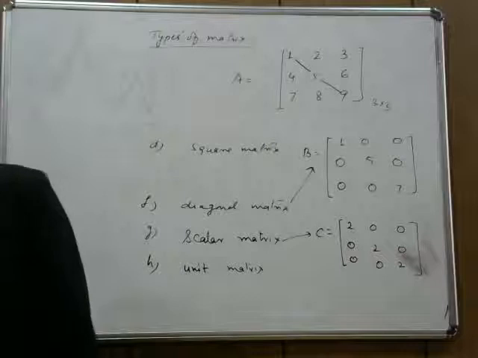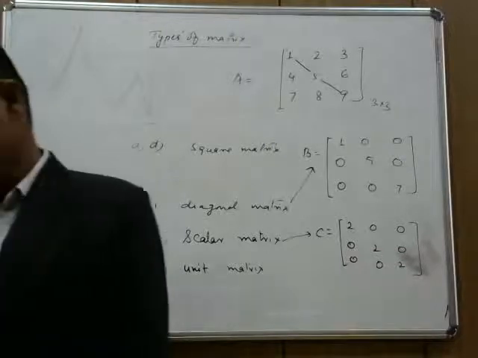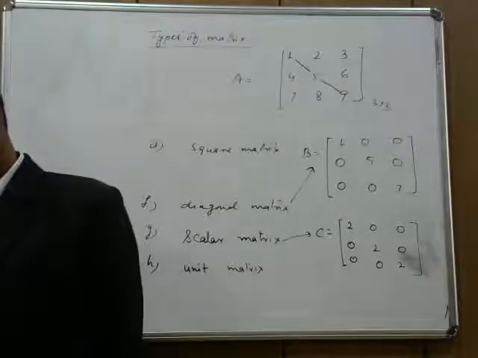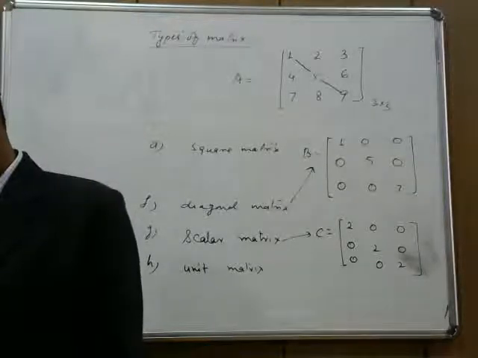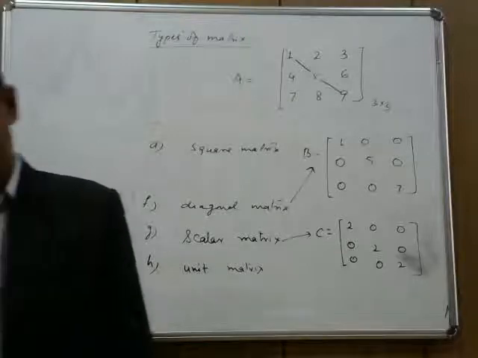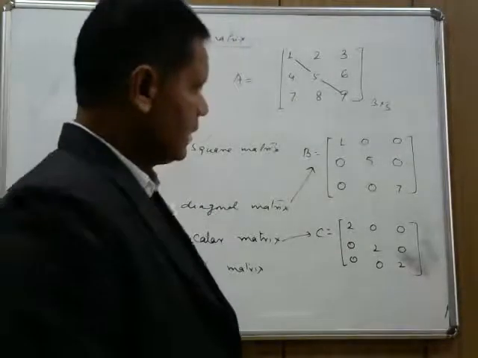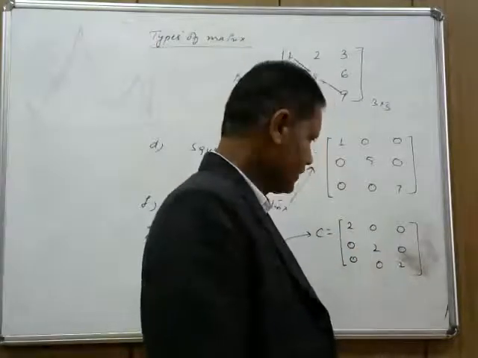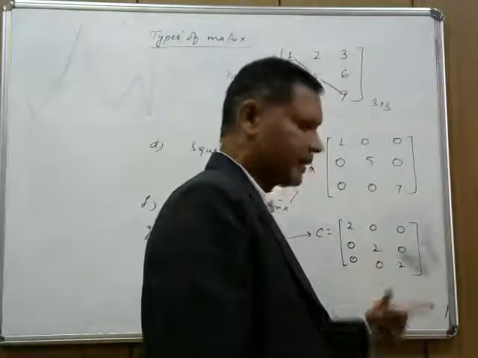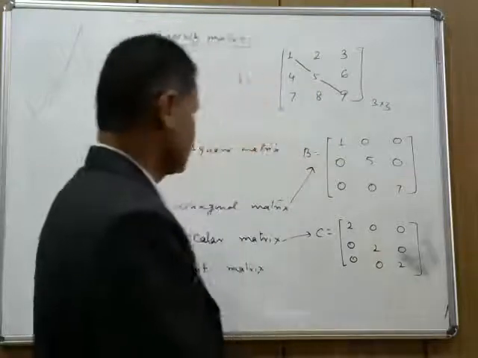Right? That means a square matrix is said to be a scalar matrix if each non-diagonal element is 0 as well as the diagonal elements are equal. That's why it's called a scalar matrix.